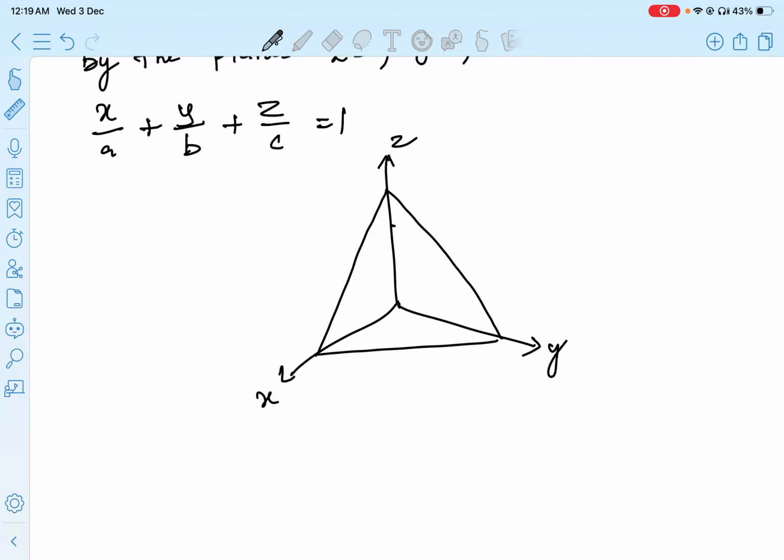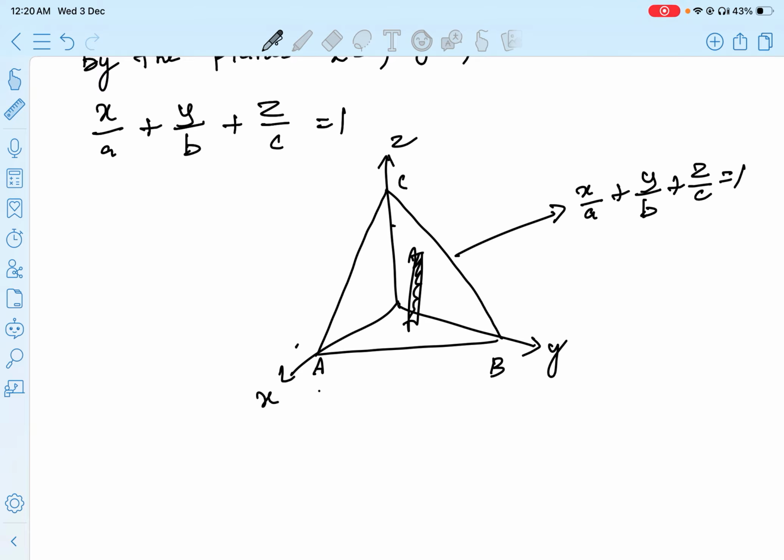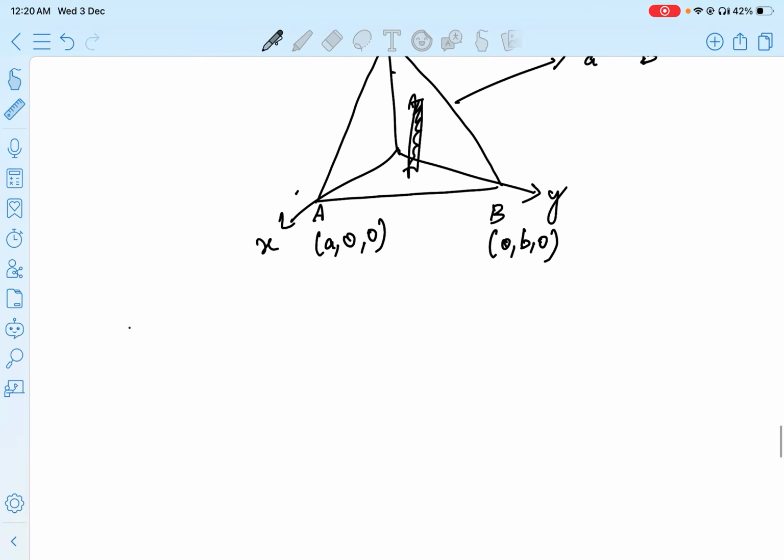So this plane is x by a plus y by b plus z by c equal to 1. Any plane curve, shaded region. The y point is your b, x is going to be your a and z is going to be your c. For a, we have (a, 0, 0). For b, we have (0, b, 0). And similarly for c, we have (0, 0, c).